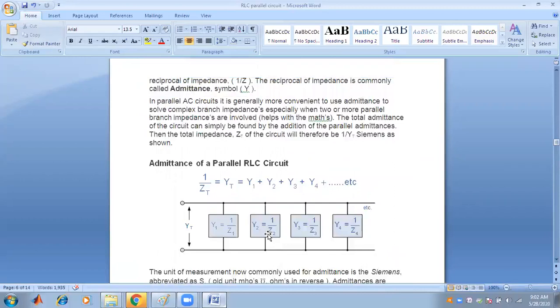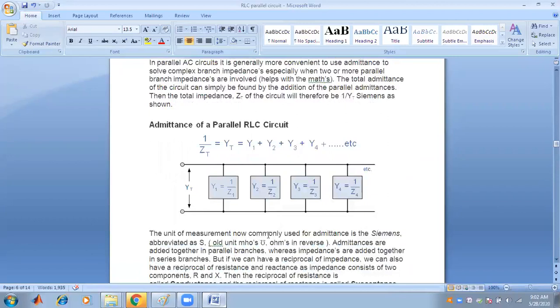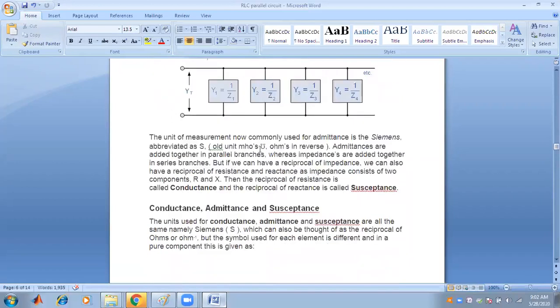Siemens is generally known as the unit of the admittance. So Y1 plus Y2 plus Y3 is nothing but 1 by Z1 plus 1 by Z2 plus 1 by Z3 up to 1 by ZN. And the unit is Siemens, also abbreviated as mho.